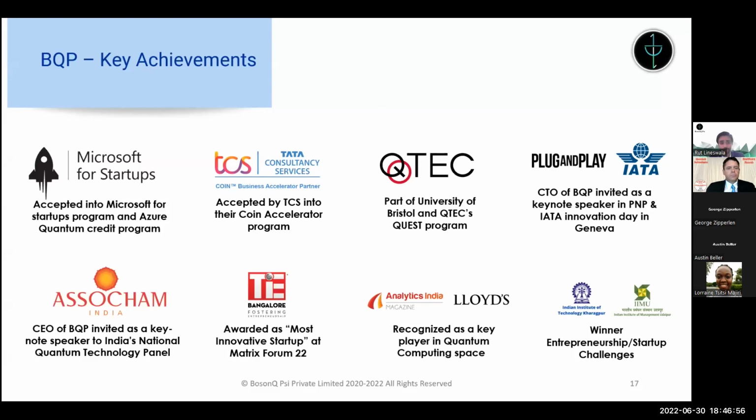Then we also just graduated from the prestigious QTech Quest program from the University of Bristol. Like I mentioned, I was invited to IATA, hosted by Plug and Play. We're making big improvements, as well as being key leaders in India in the National Quantum Technology Commission.